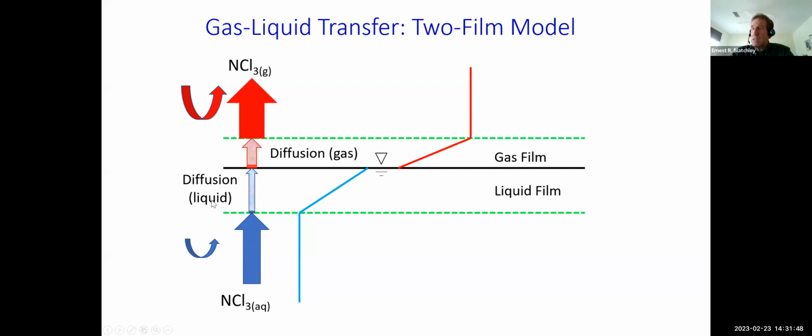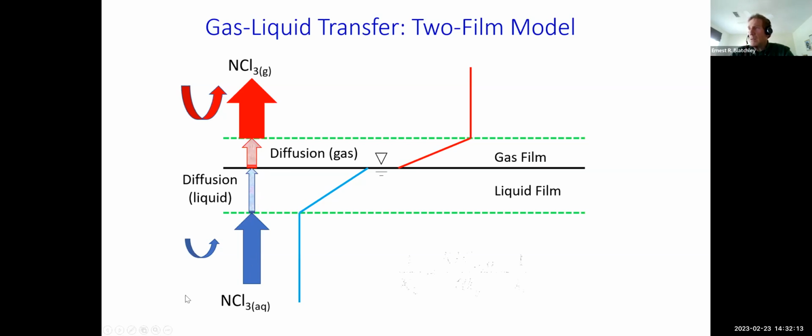And the idea in the two-film model is that the overall rate of transfer is going to be governed by a rate limiting step. In other words, the idea is that one or perhaps two of these processes are going to be very slow relative to the others. And the logical candidates are going to be diffusion across the liquid film, diffusion across the gas film, or both.